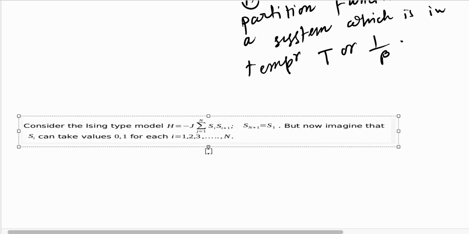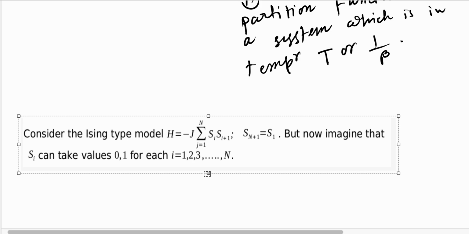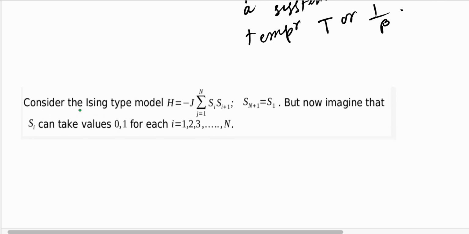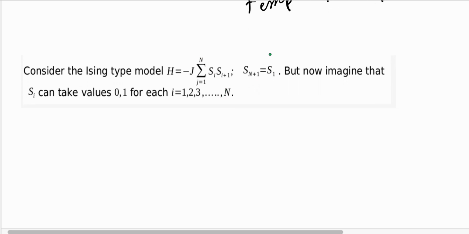Yes, so in question number 1 it is asked: consider the Ising model H equal to minus J summation i equal to 1 to n S_i S_{i+1}, with periodic boundary condition.